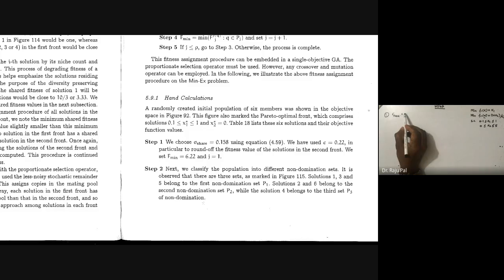Here we consider the sigma share value as 0.158. Then we need to choose a small value for epsilon, and we have selected 0.22. These are the two parameters which need to be initialized before starting the algorithm.